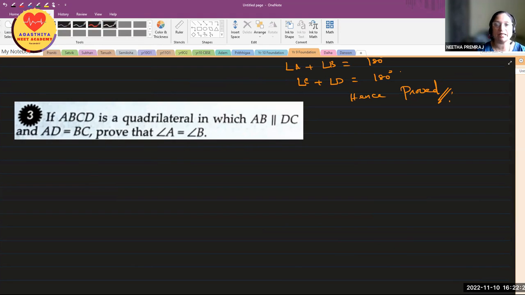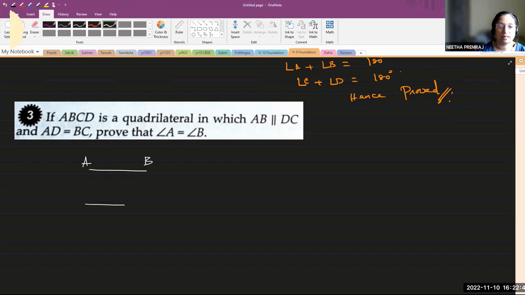See, ABCD is a quadrilateral. So ABCD, simply you draw a quadrilateral. We don't know what kind of quadrilateral it is. So simply I draw, but it is given AB is parallel to CD. I name this AB, and this I name it as DC.